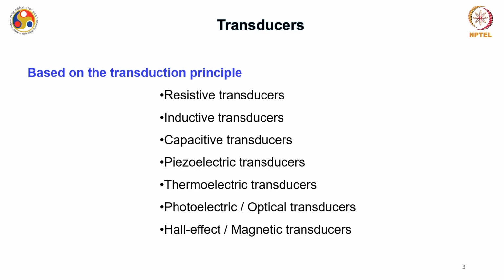Based on the transduction principles we have a number of transducers: resistive transducers, inductive transducers, then transducers based on change in capacitance, so capacitive transducers, then piezoelectric transducers, piezoresistive transducers, thermoelectric transducers, photoelectric, which sometimes also falls under optical transducers, or Hall effect transducers, magnetic transducers, and so on. So this is based on the transduction principles.